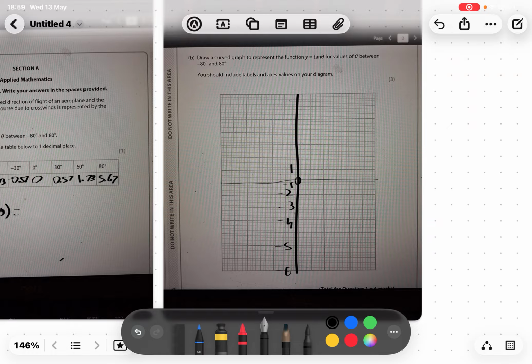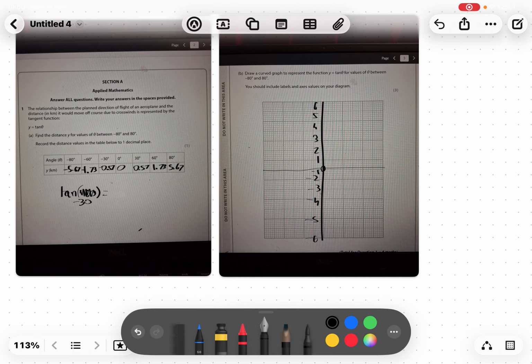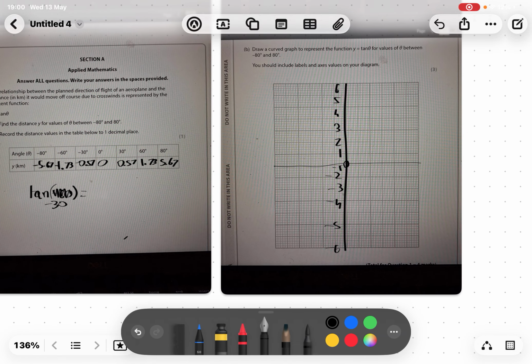Then same going up: 1, 2, 3, 4, 5, 6. For the x, it's basically the same but with the degrees: -80, -60, -30, 0 is here, 30, 60, 80. After that, we're able to plot it all.